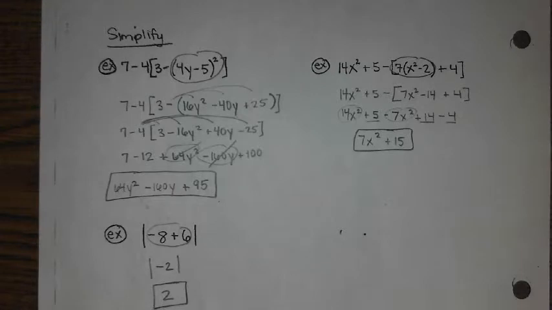So Nathan Z got it. Stephanie, what'd you get? Raise your hand if you got that as well. Excellent. That is the correct answer: 64y squared minus 160y plus 95.